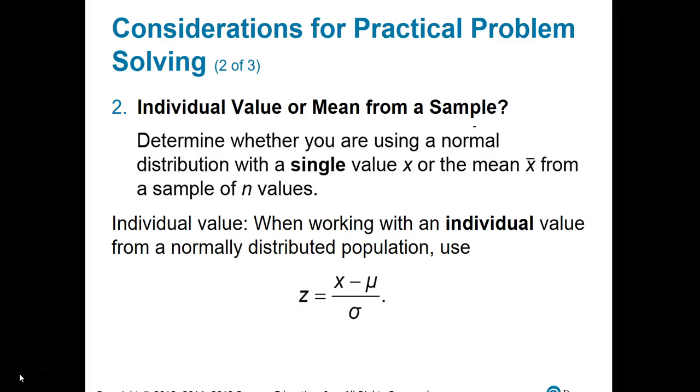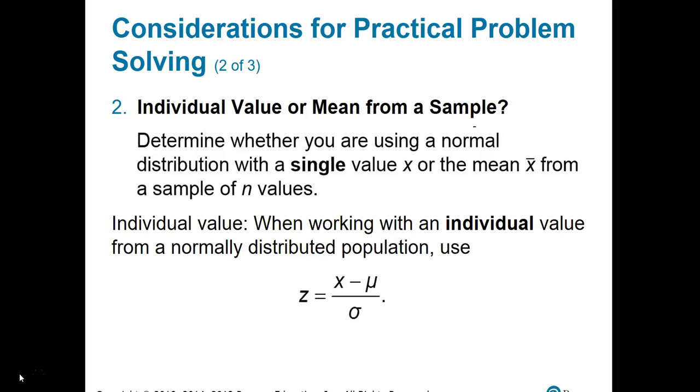And then check to see if we are looking at a single value of x. In other words, are we looking at a single experimental outcome, or are we looking at the outcome of an average of samples? If it's a single sample and we want to get a z-score, z is going to be what we've talked about before, x minus mu over sigma.